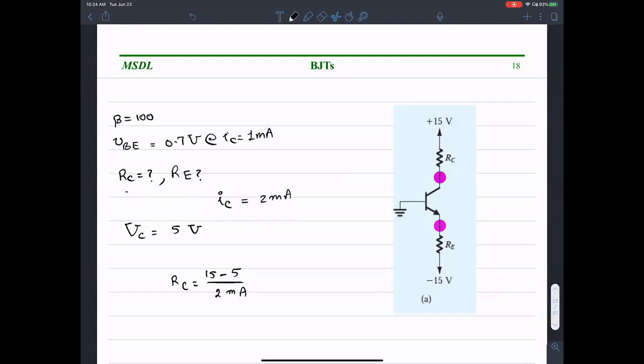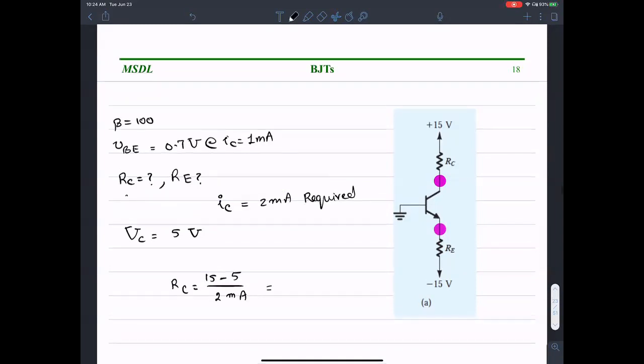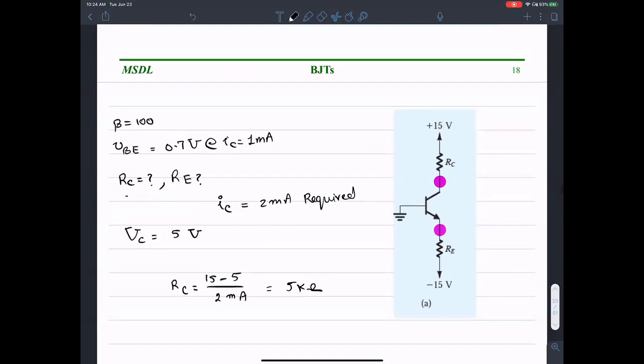This is what you're designing for. So this gives me an RC value of 5 kilo ohms. Because I was going to design this to be 2 milliamperes and VC is given to be 5 volts, I can find IC. Now what?